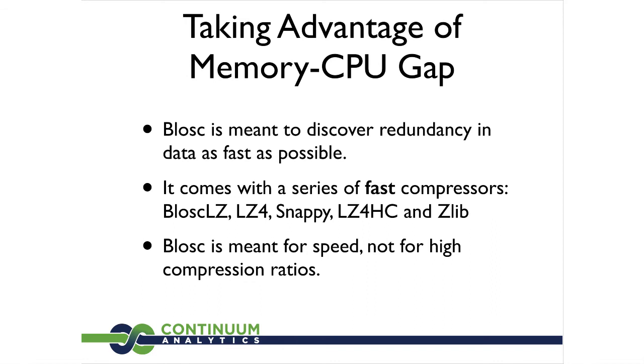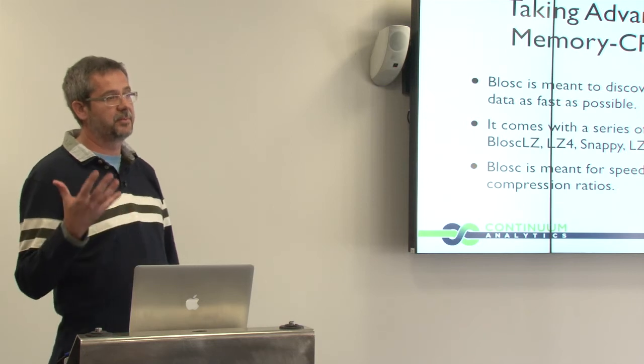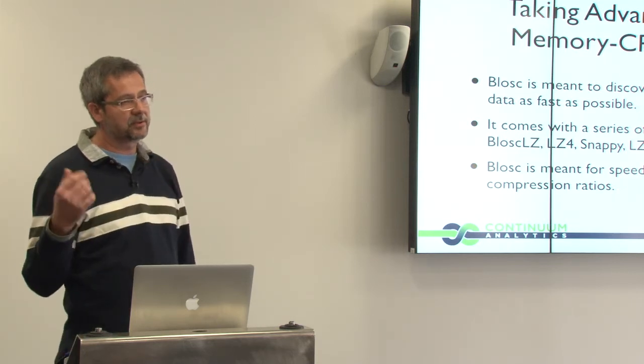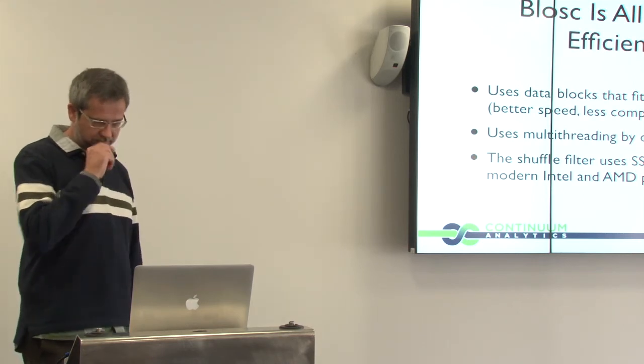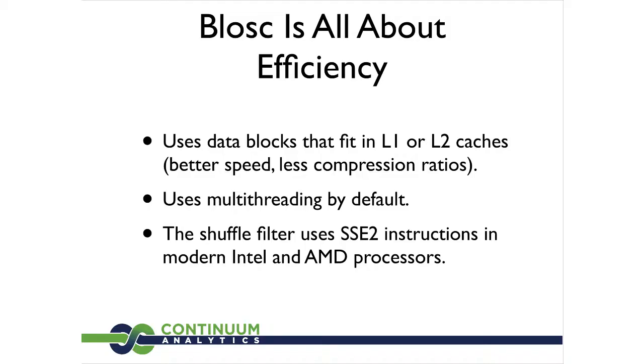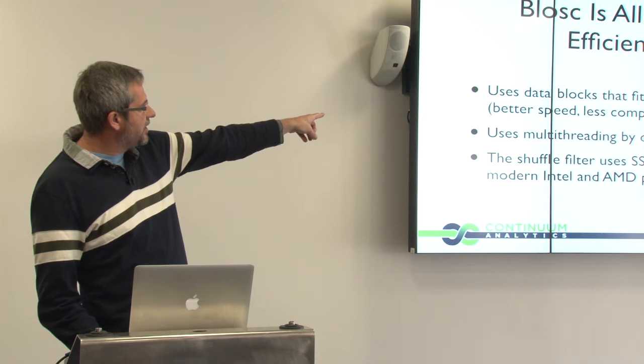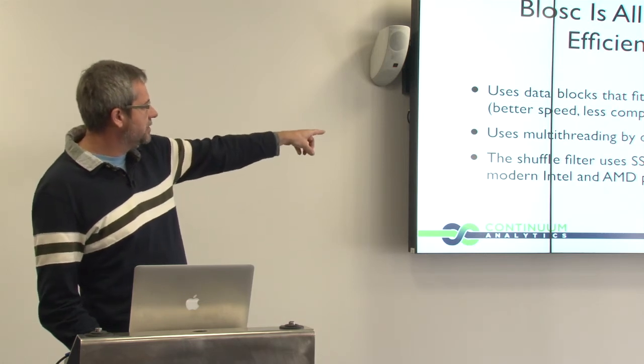And of course, Blosc is meant for speed and not for achieving high compression ratios. High compression ratios are meant for other kinds of compressors. Blosc is all about efficiency. It uses data blocks that fit in L1 or L2 caches, as I said before. So that provides better speed, but of course lower compression ratios.